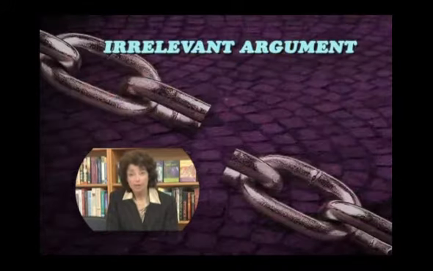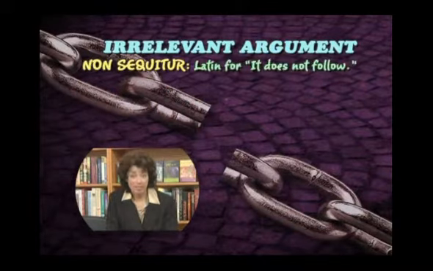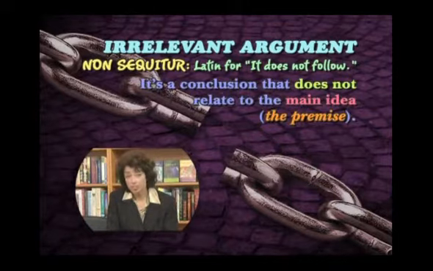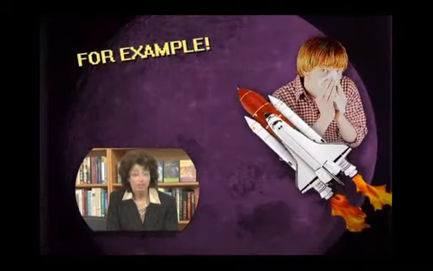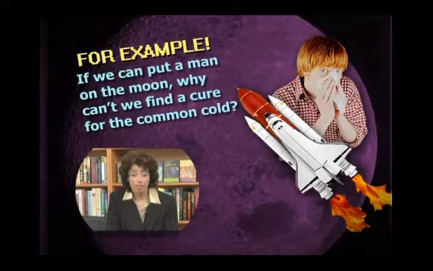Or you could have an irrelevant argument. This is also called a non sequitur. You probably have heard that phrase. It's from Latin, and it means it does not follow. A non sequitur, or an irrelevant argument, is a conclusion that does not relate to the main idea, which is also called the premise. For example, if we could put a man on the moon, why can't we find a cure for the common cold?